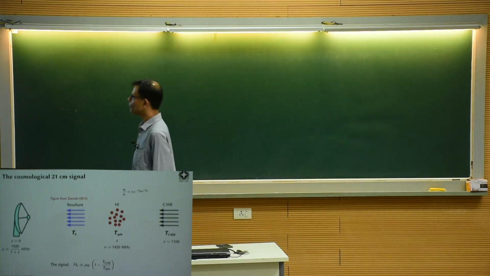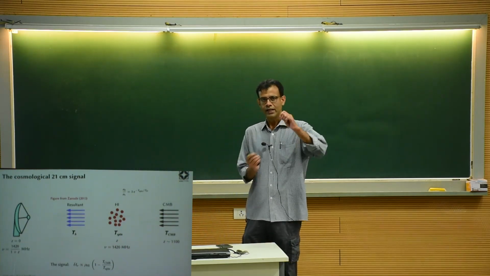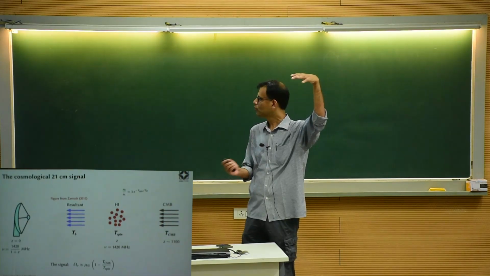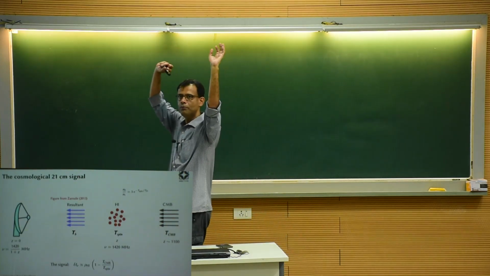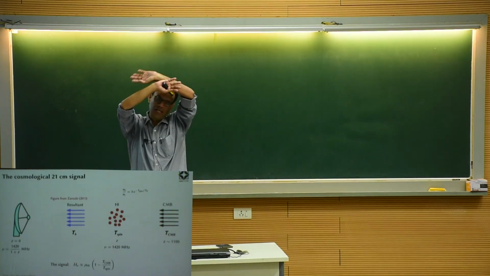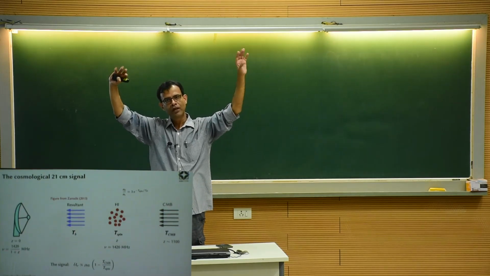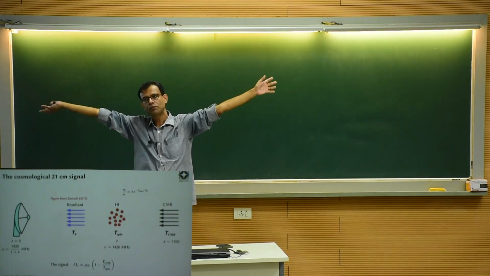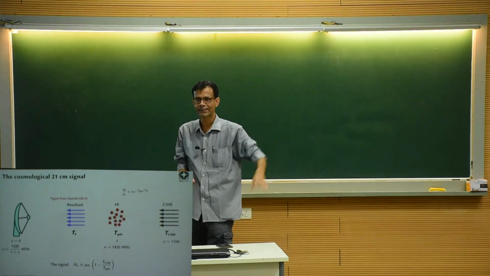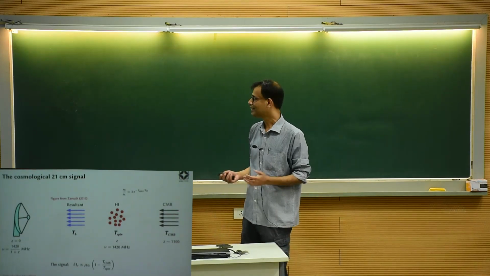The other place where 21 centimeter is going to play an important role in cosmology is the other way to use it: to detect it from neutral hydrogen, not from specific galaxies. As I was saying, the baryonic component is mostly hydrogen. So if you look beyond the galaxies, the matter between the galaxies is also made up of hydrogen. So the question is, can we detect a signal from there?